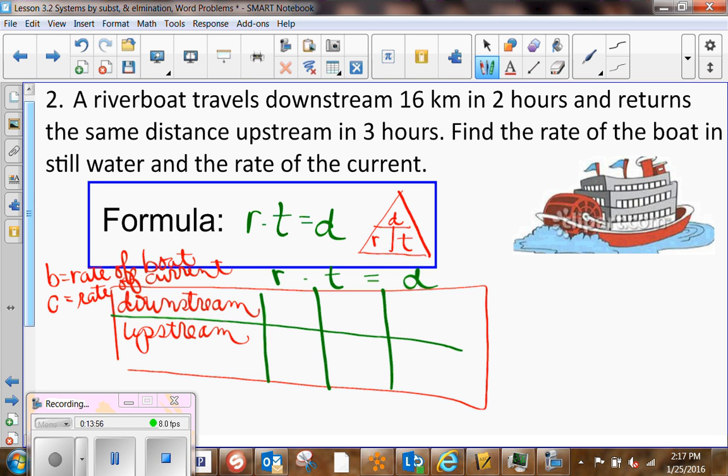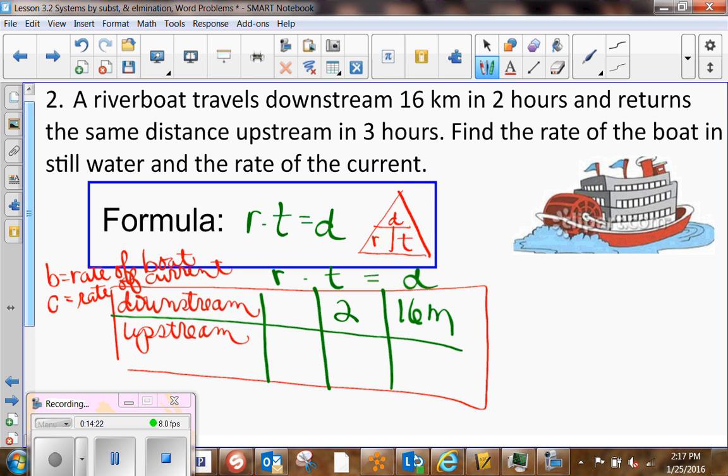Again, my teaching style comes out. I like things organized. I like little boxes. I like little organization charts. All right, so let's talk about downstream first. A boat travels downstream 16 kilometers. Where would that go? 16 kilometers. What is a kilometer? It's distance, right? 16 kilometers in 2 hours. Where is that 2 going to go?